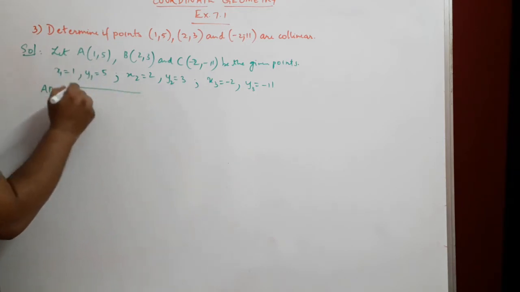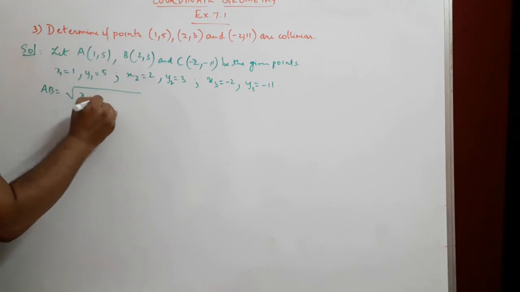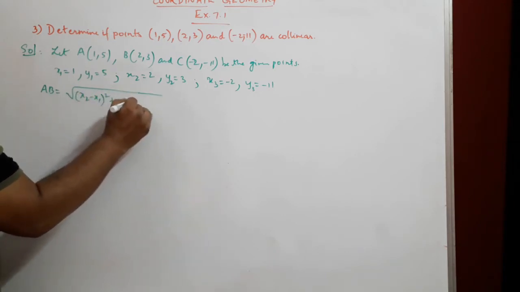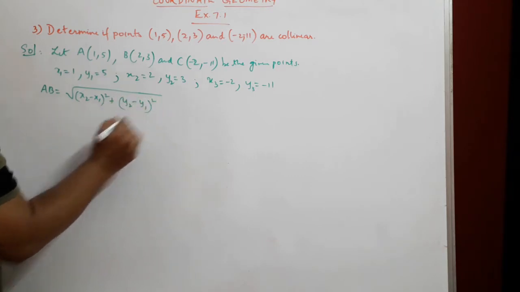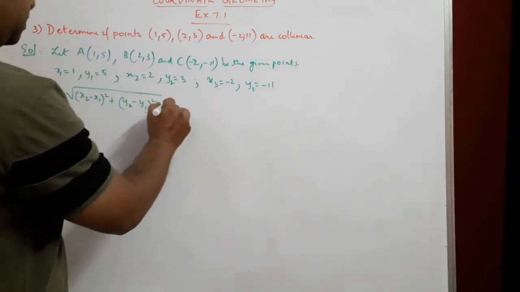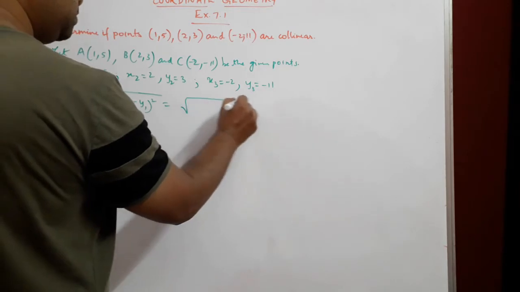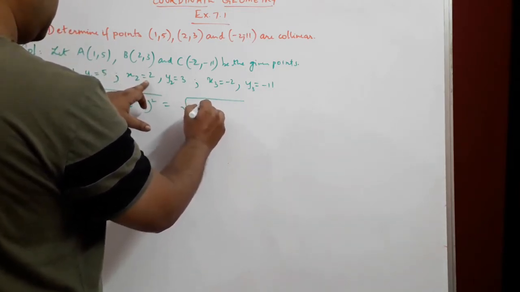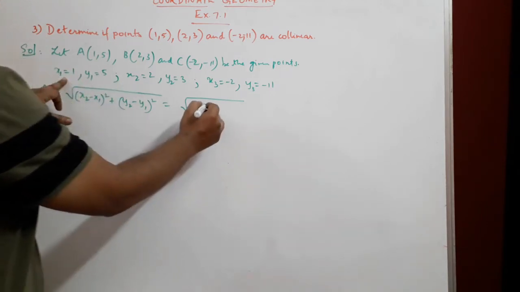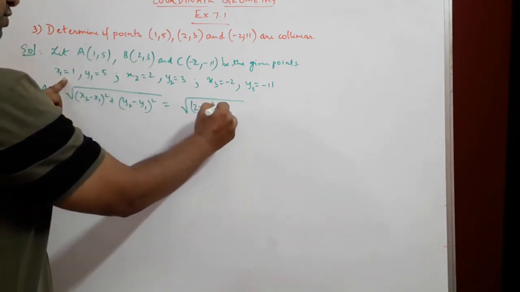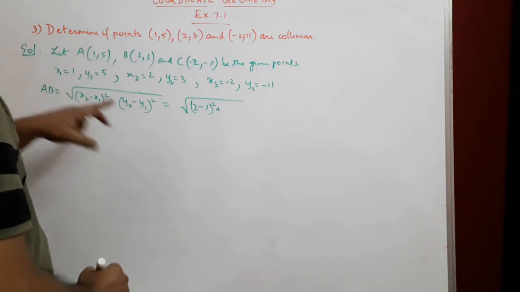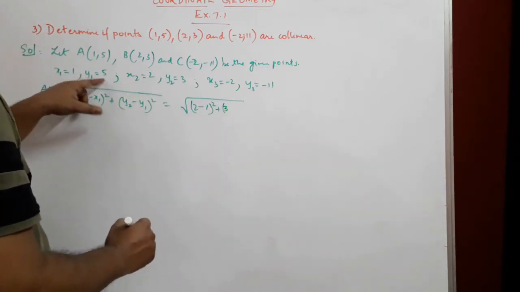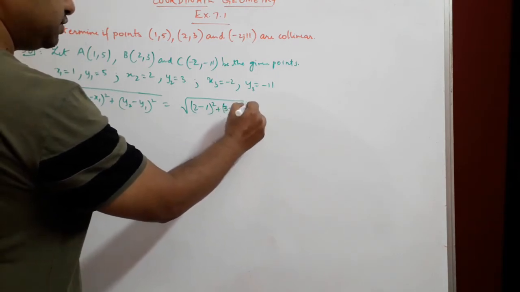and the formula is square root of (x2 minus x1) whole square plus (y2 minus y1) whole square. x2 is 2 minus x1 is 1 whole square plus y2 is 3 minus y1 is 5 whole square.